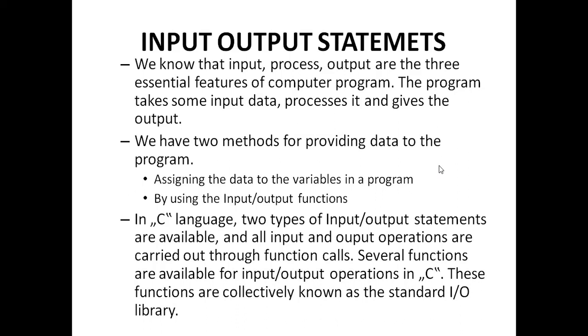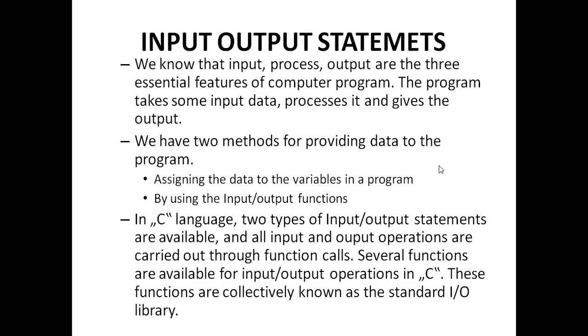One is by assigning the data to the variables, and the second way is by using the input and output functions. By using the input and output functions, we can give inputs to the program and we get output from the program. The other way is we simply assign values or data to the variables.